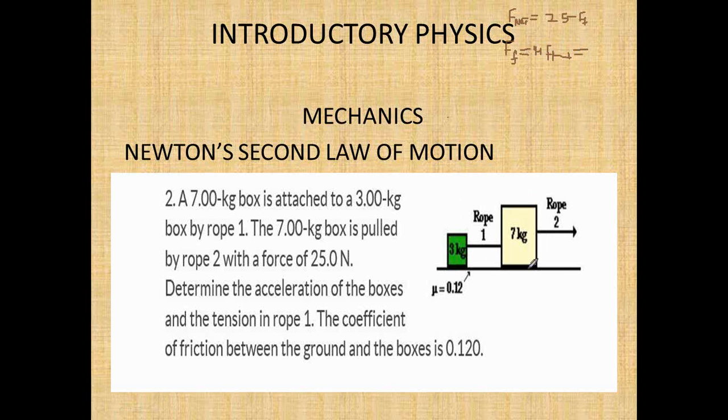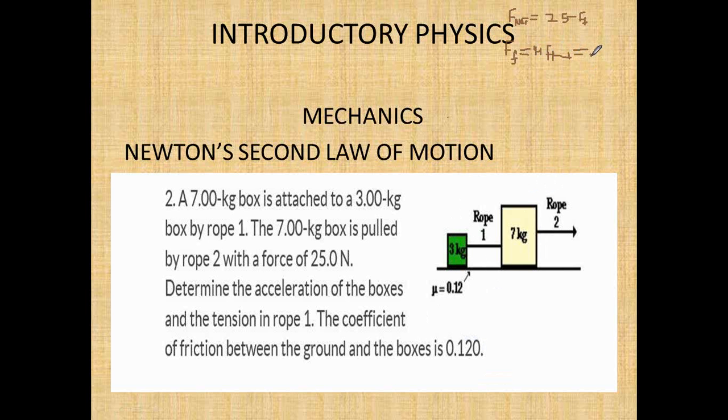If you combine them, the mass is 3 plus 7, that's 10, times, let's use 10 for simplicity as the acceleration due to gravity. And we know mu is 0.12.